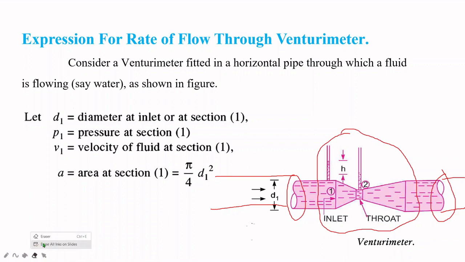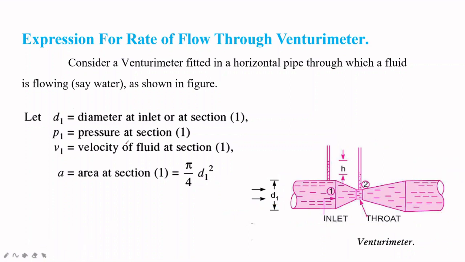Now we will take sections at the Venturimeter: the inlet section where it starts, and the outlet section. It has some tubes for measuring the pressure. Let d1 be the diameter at inlet or section 1, p1 be the pressure at section 1, and v1 be the velocity of fluid at section 1.